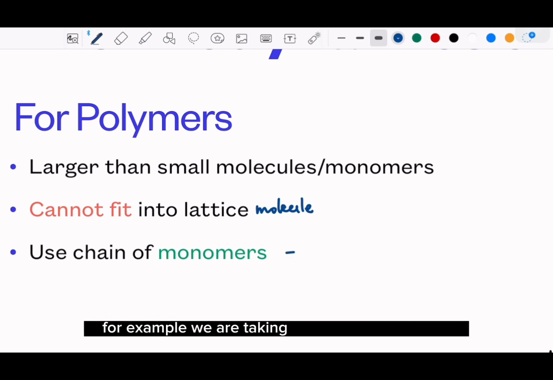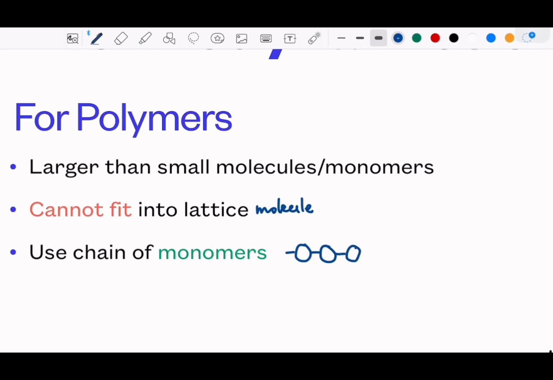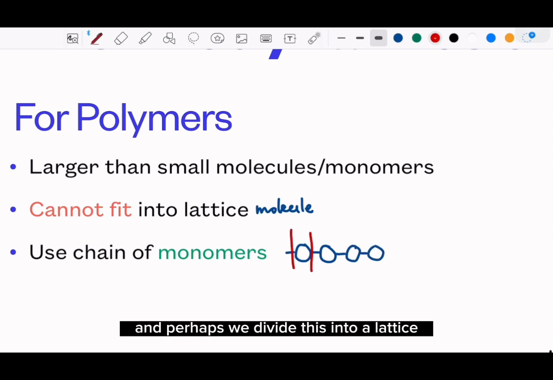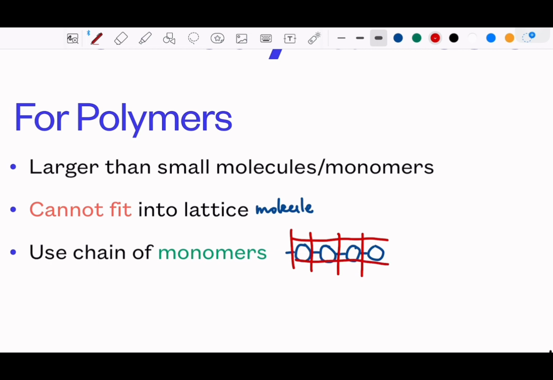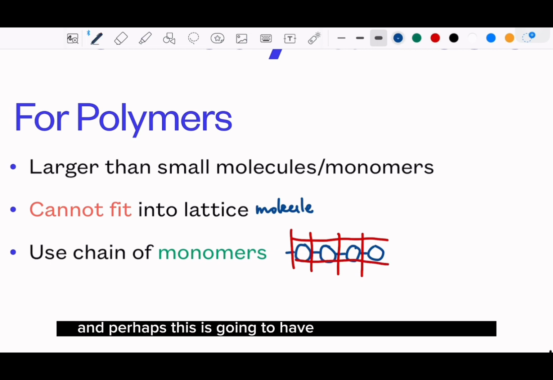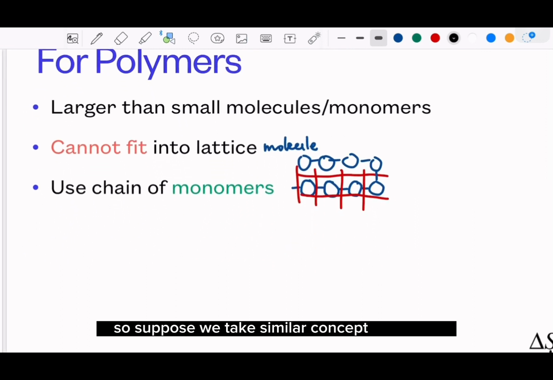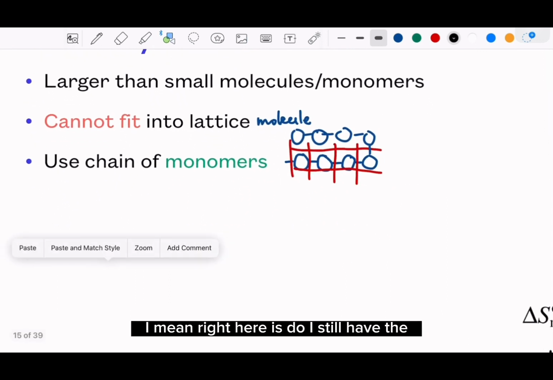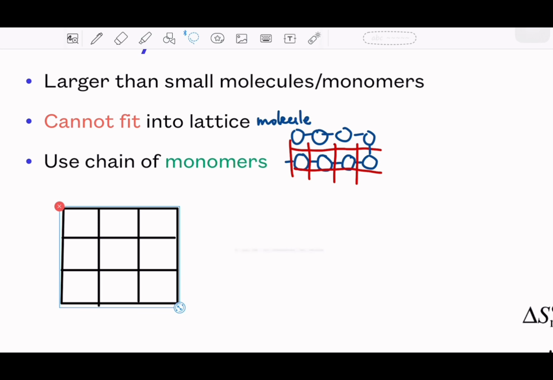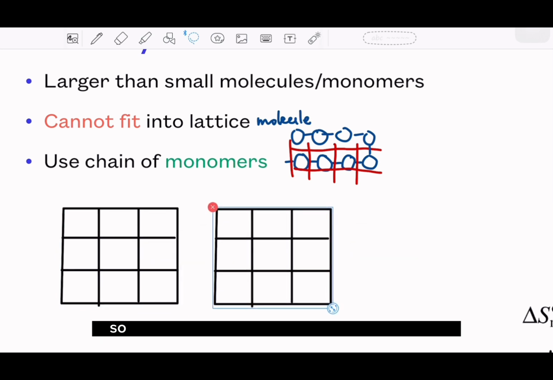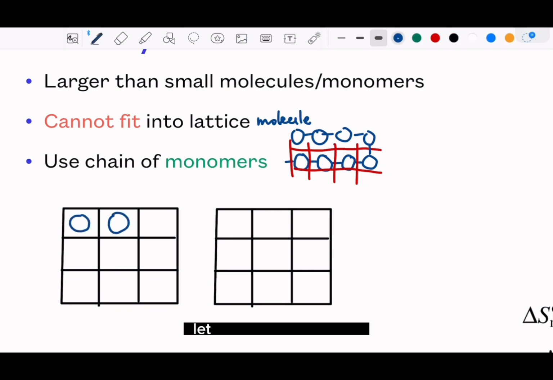For example, we are taking the molecules like this, and perhaps we divide this into a lattice. And perhaps this is going to have here, going there. And we try to model this monomer. So suppose we take a similar concept as before. Let's say the first material here is the solvent.